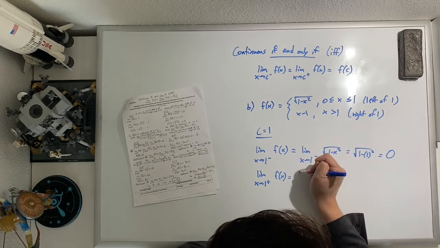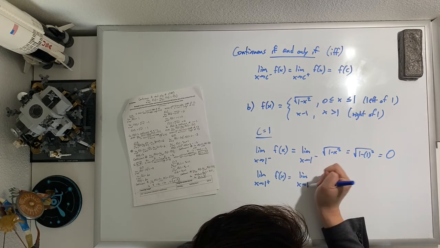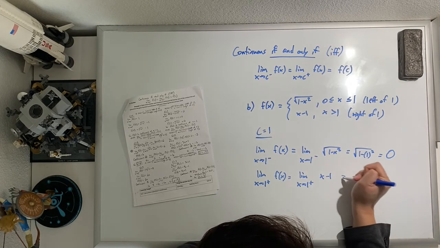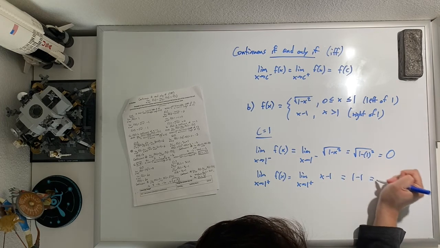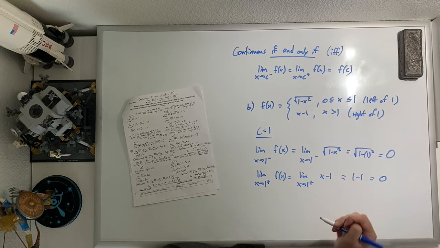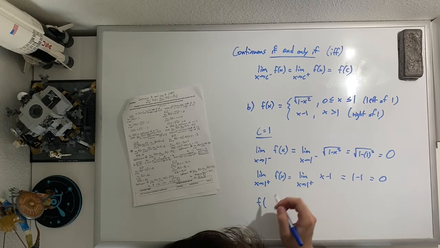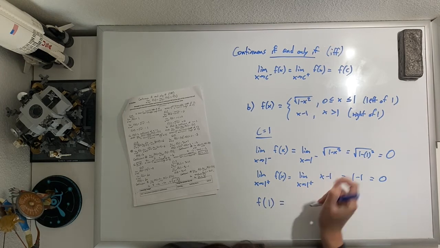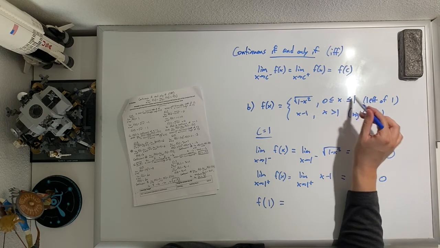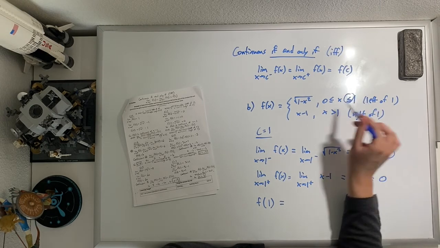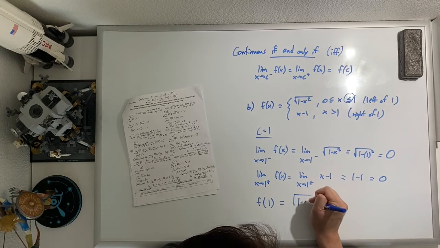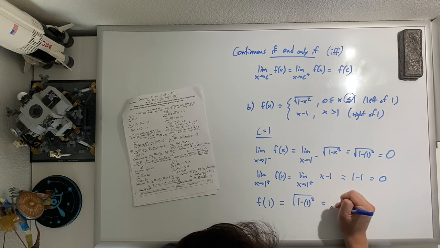Now we're looking at the bottom piece. Plug in 1, also 0. Now we need to consider the function value, f of c, that's f of 1, and we're plugging into this piece, right? This is where x could equal 1, which is 0.